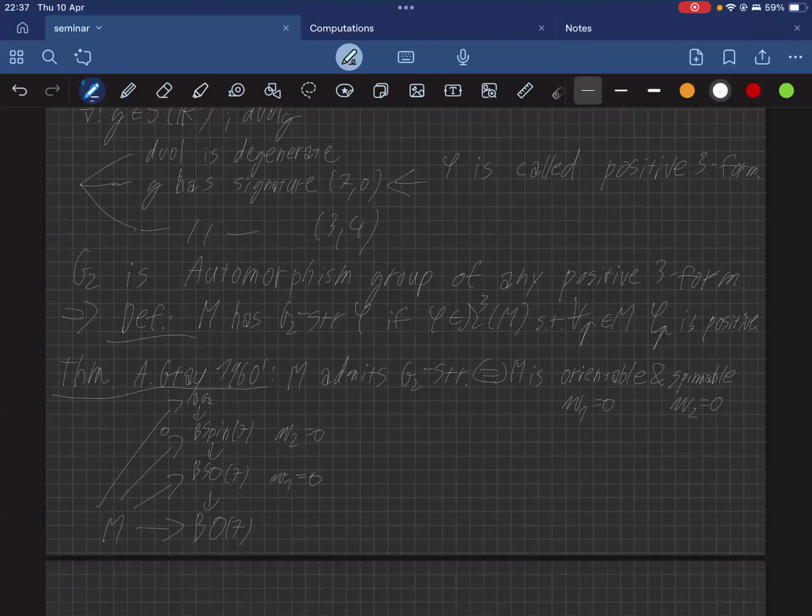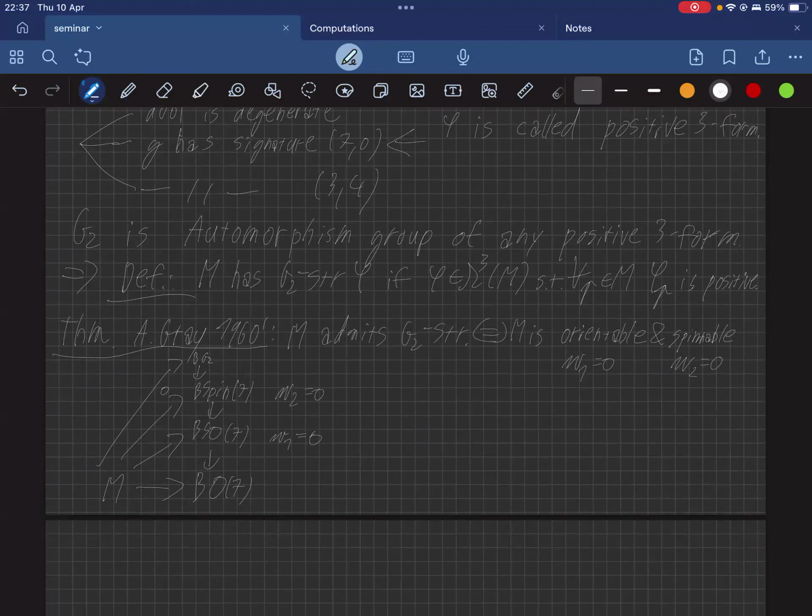So with this definition, tori admit G2 structure, spheres, CP1, and also they are 7-dimensional. Yes, of course. We require M to be 7-dimensional. I guess I should write it down.